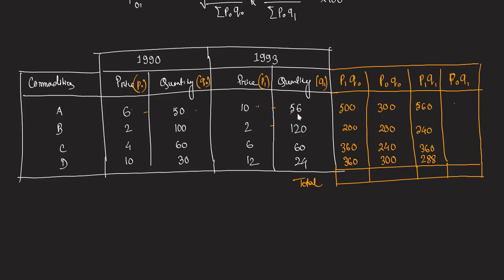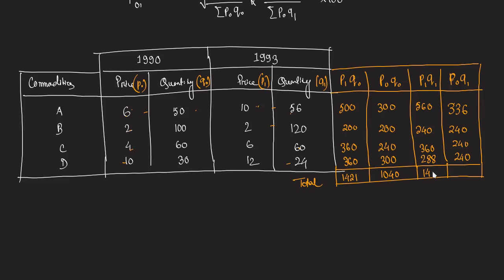So 6 into 56 is 336. Then 2 into 120 is 240. 4 into 60 is 240, and 24 into 10 is 240. Now we will add them. So total of this P1 Q0 is 1421. This is 1040.